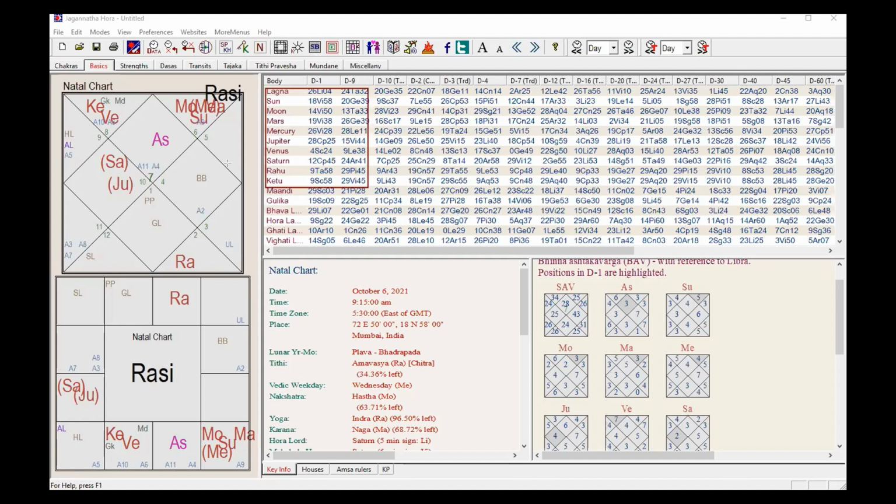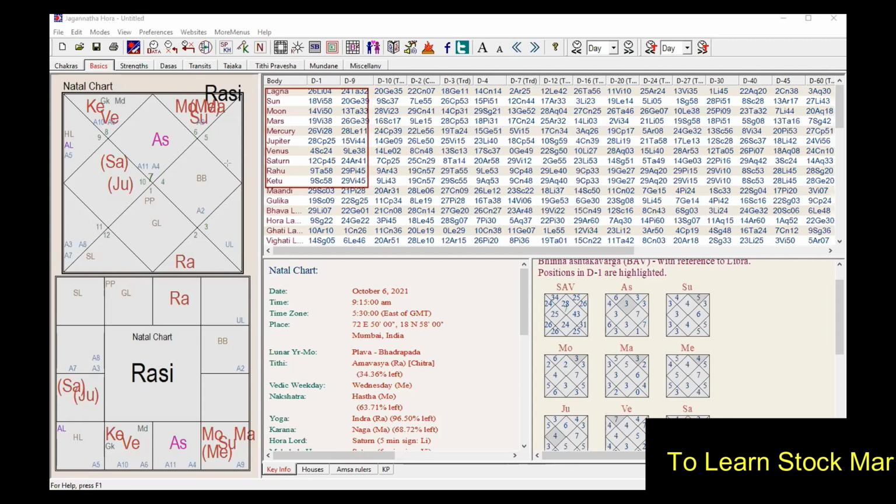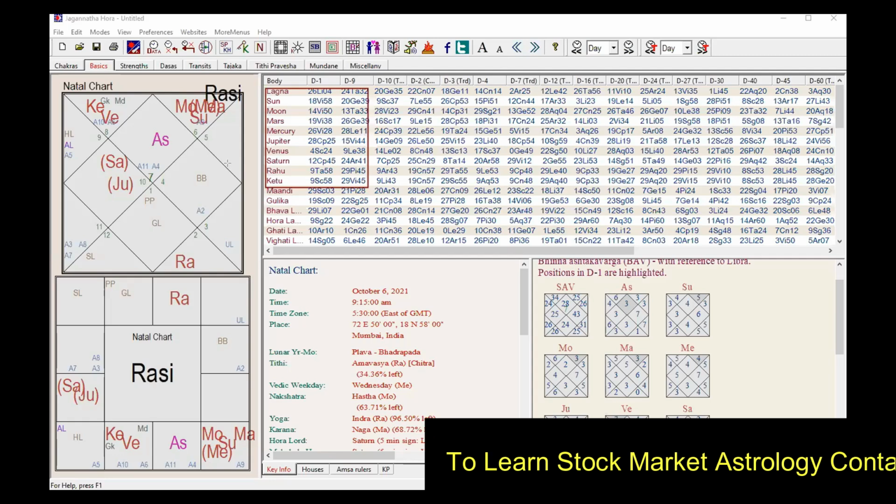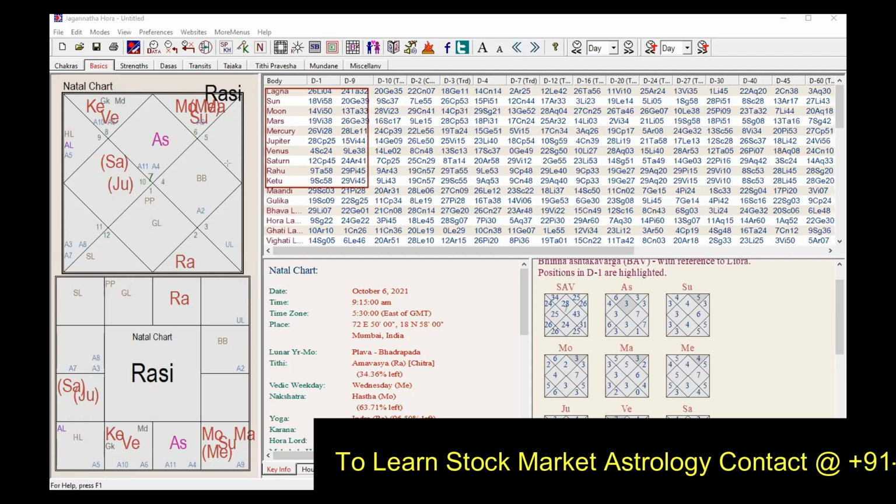All these factors are there. So every time you will not see the same effect. From the last two and a half years, Saturn is in Capricorn sign, so it is always aspecting Libra. But Mars, Moon and Venus are not always influenced by the Karaka planet. That's why the Karaka planet is important here.